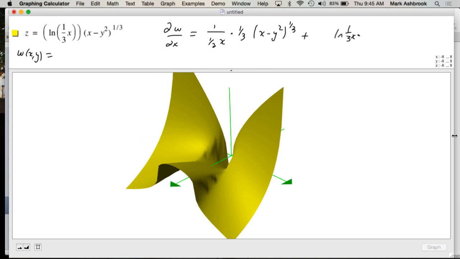What's the derivative of the second? That's chain rule. 1/3 times x minus y squared to the negative 2/3 times 1. So this is a constant, so we just leave it alone. So that's our partial of w with respect to x.